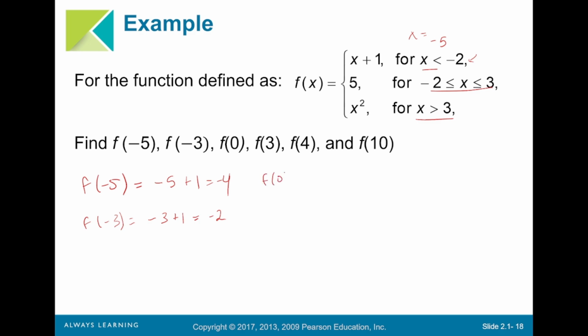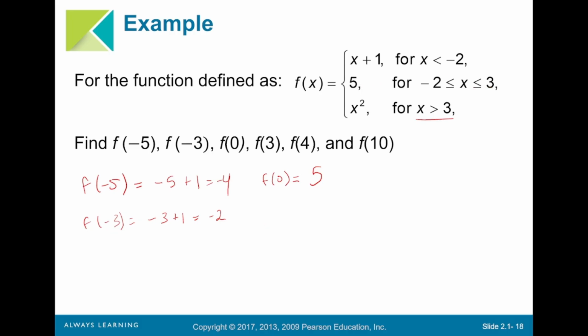Now if I think of f of 0, well, my x value is 0, and 0 is between -2 and 3, which means I'm using this one. There are no x values to plug into, I just simply write it down.